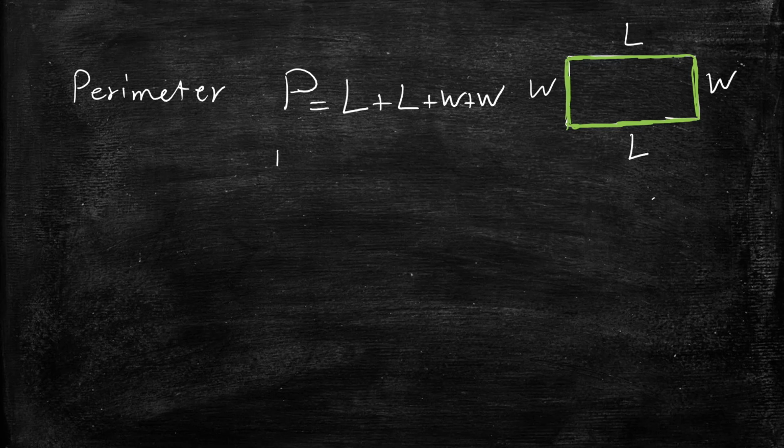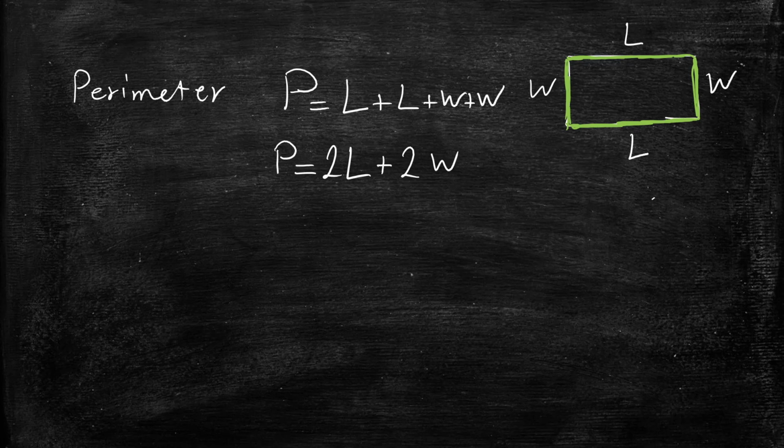Do you remember how to combine terms? P equals, let's combine terms. I have two terms of the same nature, one length plus another length, that's two lengths, 2L, 2 times L, plus width plus width, that's 2 widths. So 2L plus 2W gives you the perimeter.